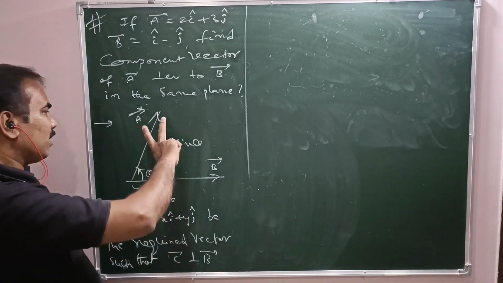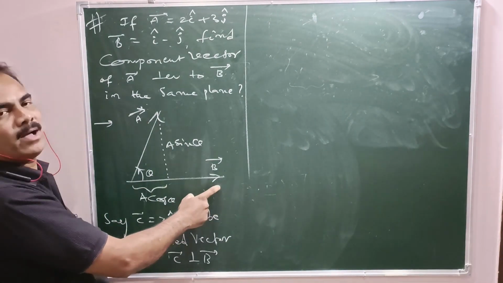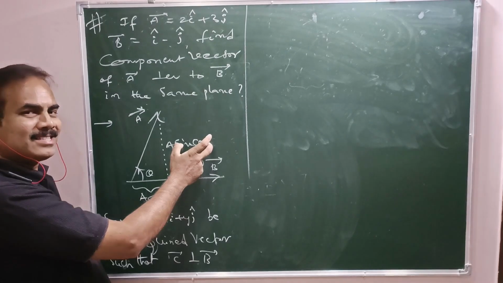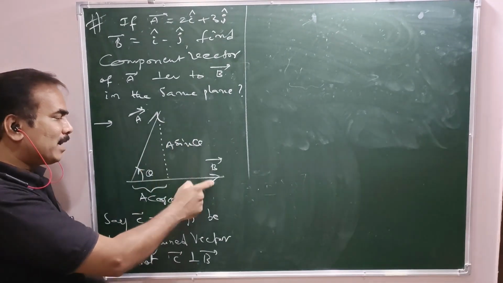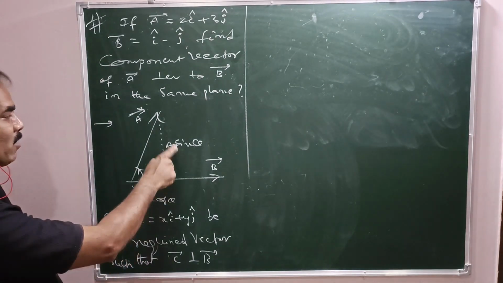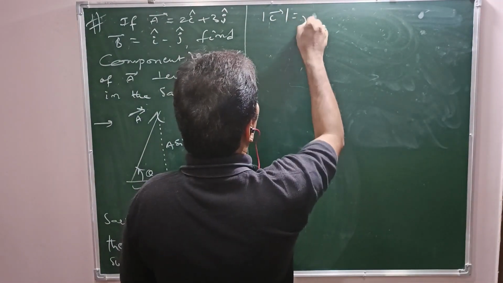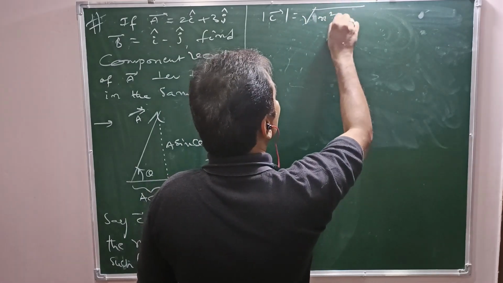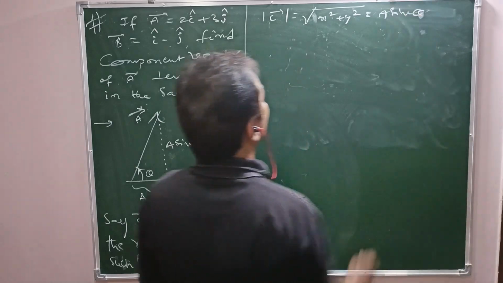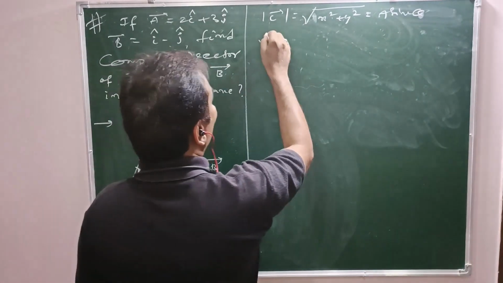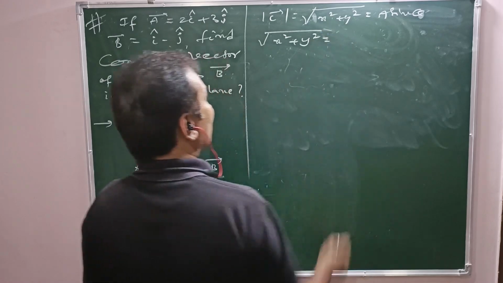Why? Because this is the component of A bar which is perpendicular to B bar, in the sense of the magnitude of the required vector. So mod C bar must be equal to A sin theta, that is root over x square plus y square equals A sin theta.